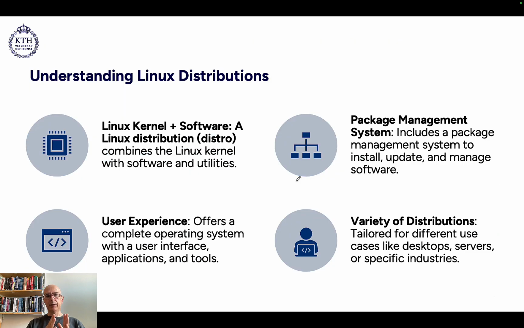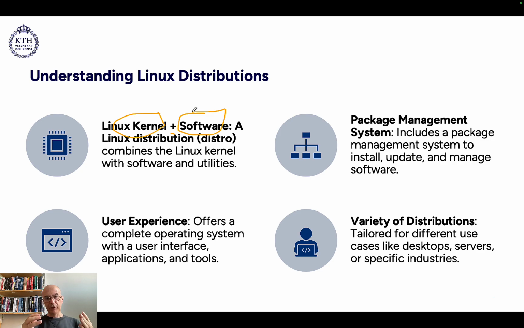An important distinction that we need to make is between Linux OS and Linux distribution. A Linux distribution, or in short, a distro, is the combination of the Linux kernel plus additional software. So a Linux distro combines the Linux kernel with software and other utilities, slightly different from the concept of operating system.